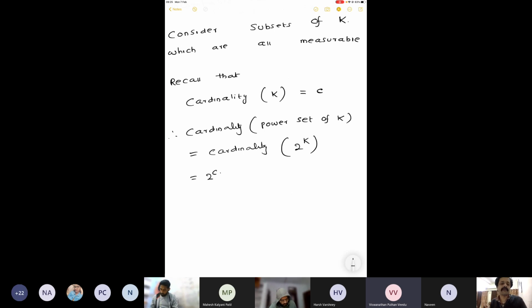And you know that the power set of K is contained in the measurable sets, because you have seen that all subsets of K are measurable.